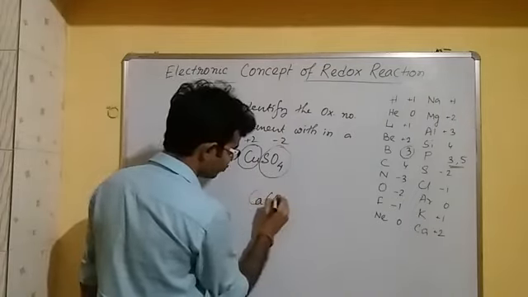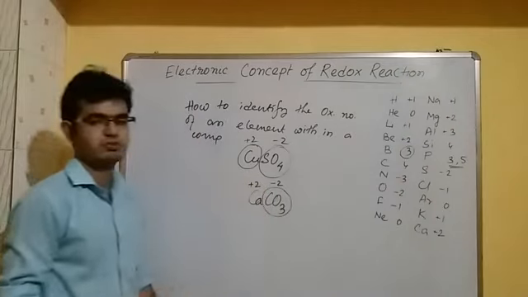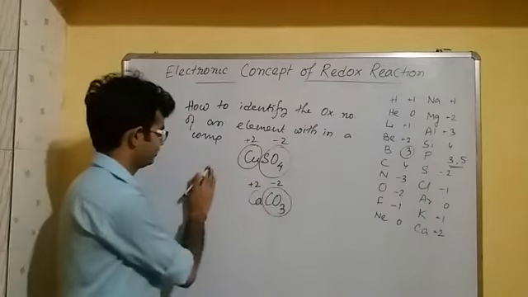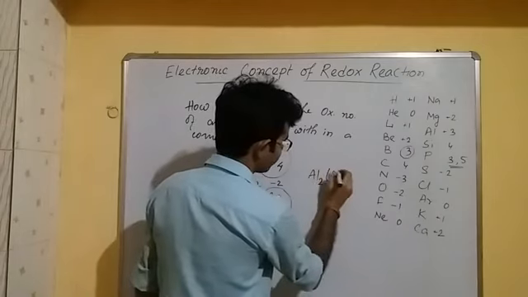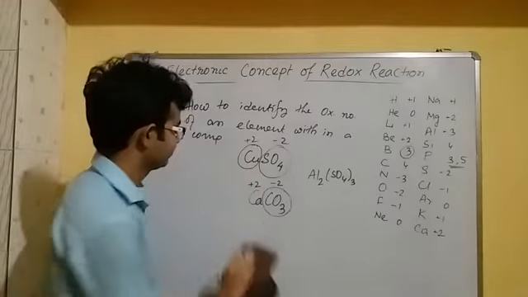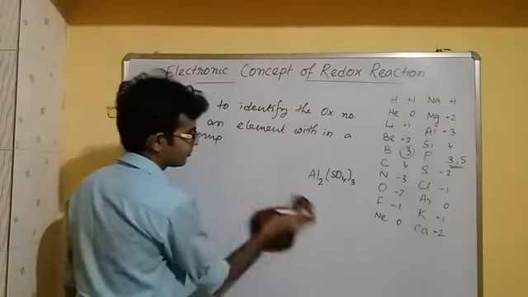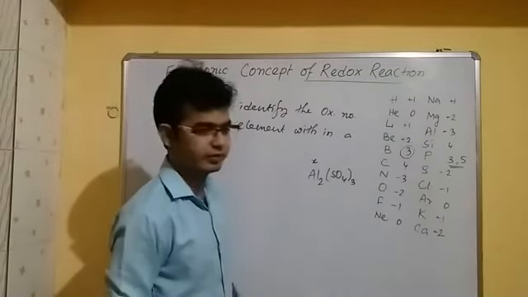CaCO3. CO3 is carbonate, -2. Calcium +2. +2 -2 is 0. Al2(SO4)3. For this, suppose you have to calculate the oxidation number of aluminium. So let it be x.